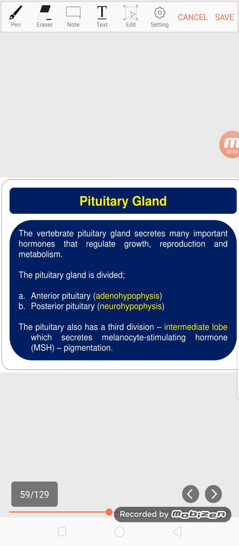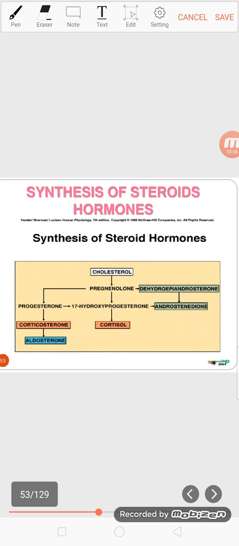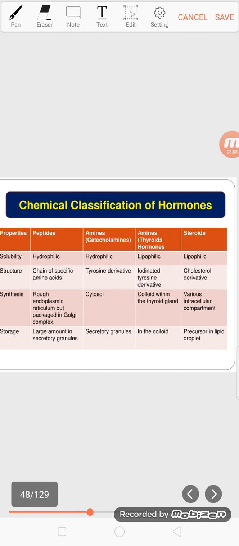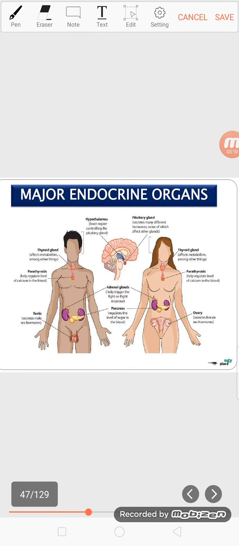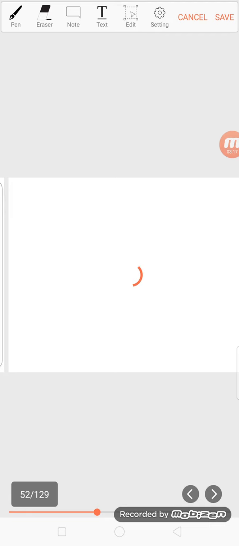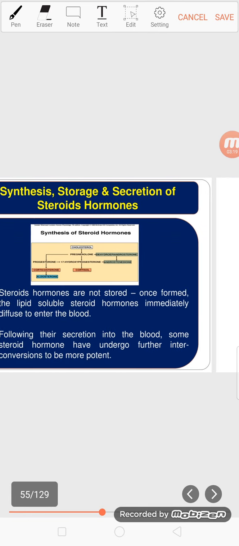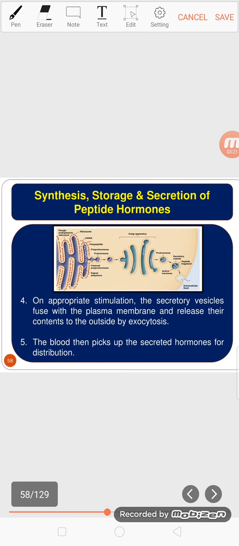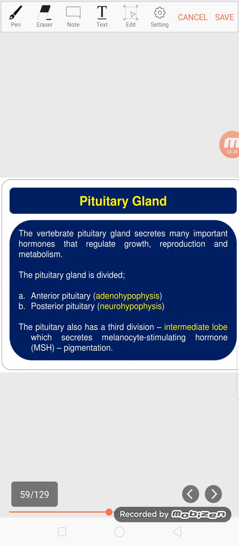Let me find it. All the endocrine glands are in this slide over here. Let me show you the major endocrine glands. After the peptide hormone synthesis, our slide notes are about the pituitary gland. The pituitary gland is one of the major endocrine glands.